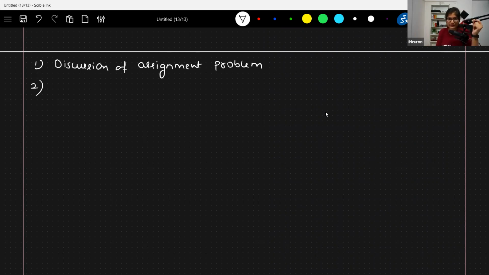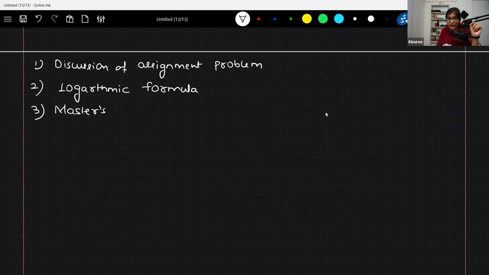Second important thing is logarithms, because many students are requesting. The logarithmic formulas that you should know, I will make sure to give the writing part of that as well. After that, the third thing we need to discuss in tomorrow's class is the master's theorem, which is a very important theorem that we will use quite frequently in our classes.